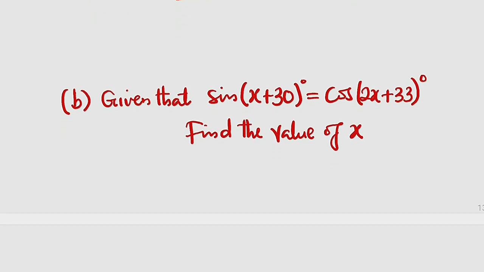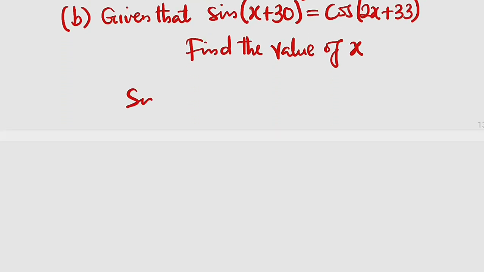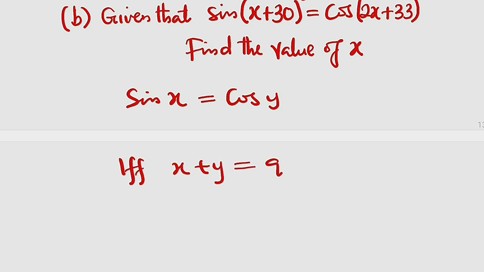So remember that sine of x is always equal to cosine of y if and only if x plus y is equal to 90 degrees. This is the only condition. But if the sum is not equal to 90 degrees, it is not applicable, right?